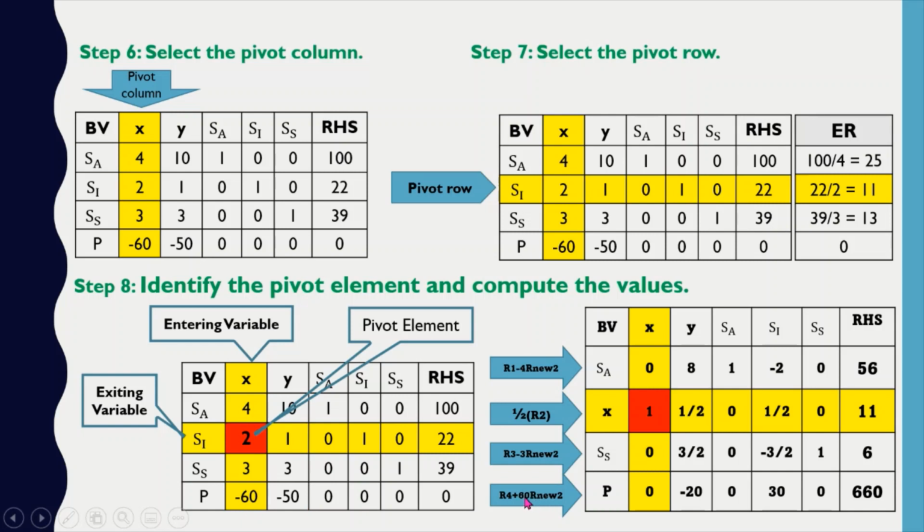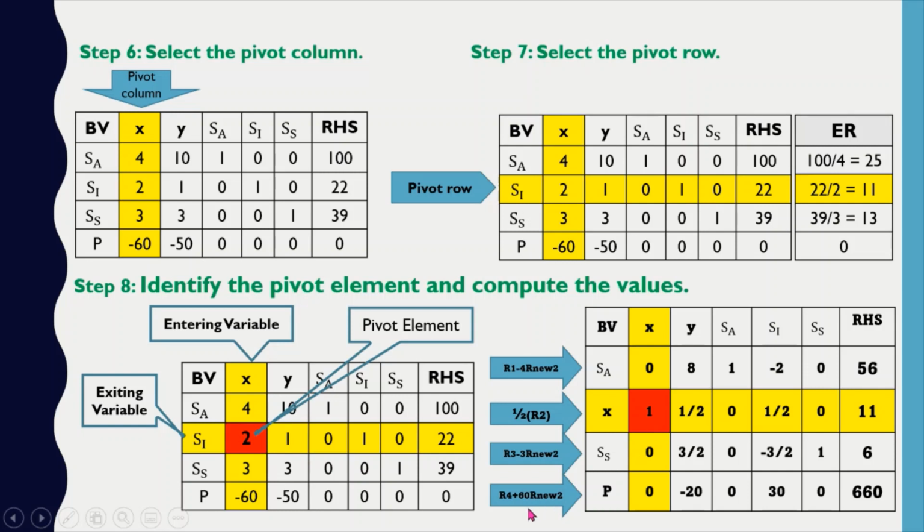So this is now my new formula because our new value here is equal to 1, you remember, that is why we equate it to 1, so that whatever the value of our coefficient here, we'll simply multiply it with the same value to eliminate it and equate it to 0. Okay, so let's perform it. R4, which is negative 60, plus 60 times new R2, which is 1, so that is 60.